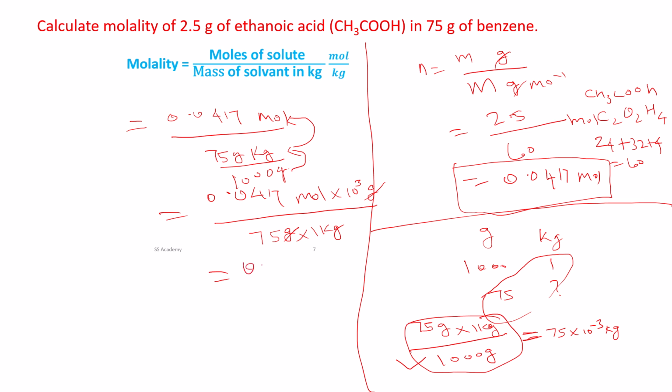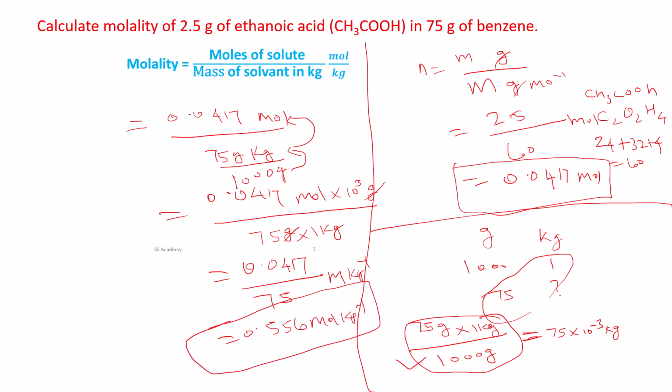Now this becomes 0.0417 divided by 75 mole per kilogram. If you divide that, we will get 0.556 mole per kilogram. See, we have calculated this molality also.